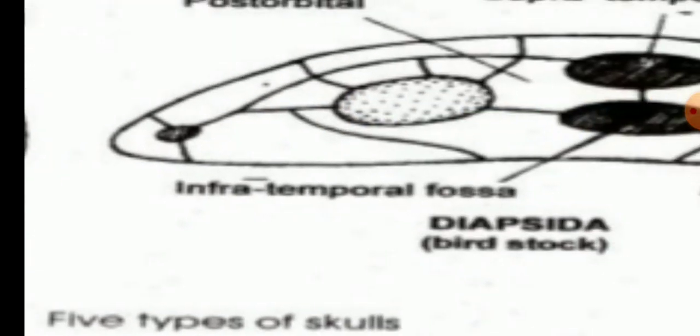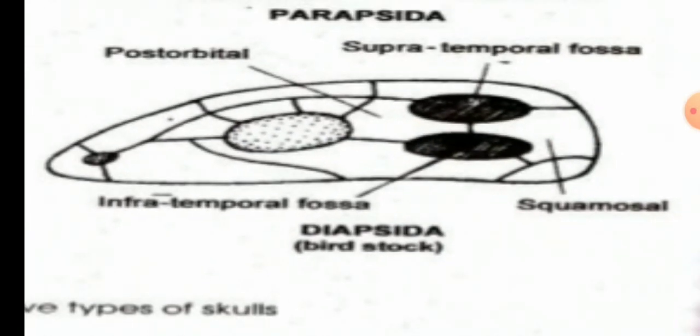The next type of skull that is found in reptiles is Diapsida. Okay, this is found in most of the present day reptiles, and it is also referred to as the bird stock, because all birds have originated from the Diapsida skull.